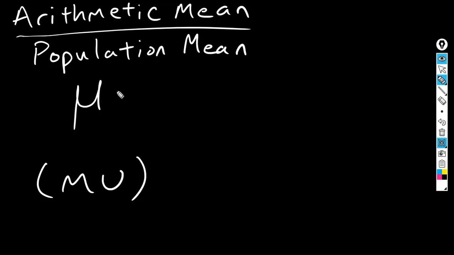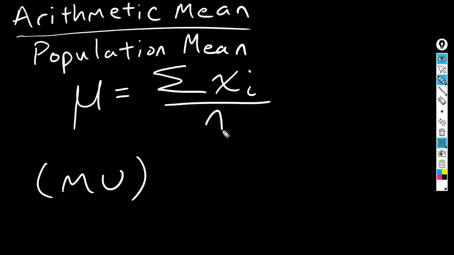It looks a little lopsided. Our population mean, or mu, is equal to the sum of x_i over n. A lot of this we should be familiar with. Mu might be new for some of us.